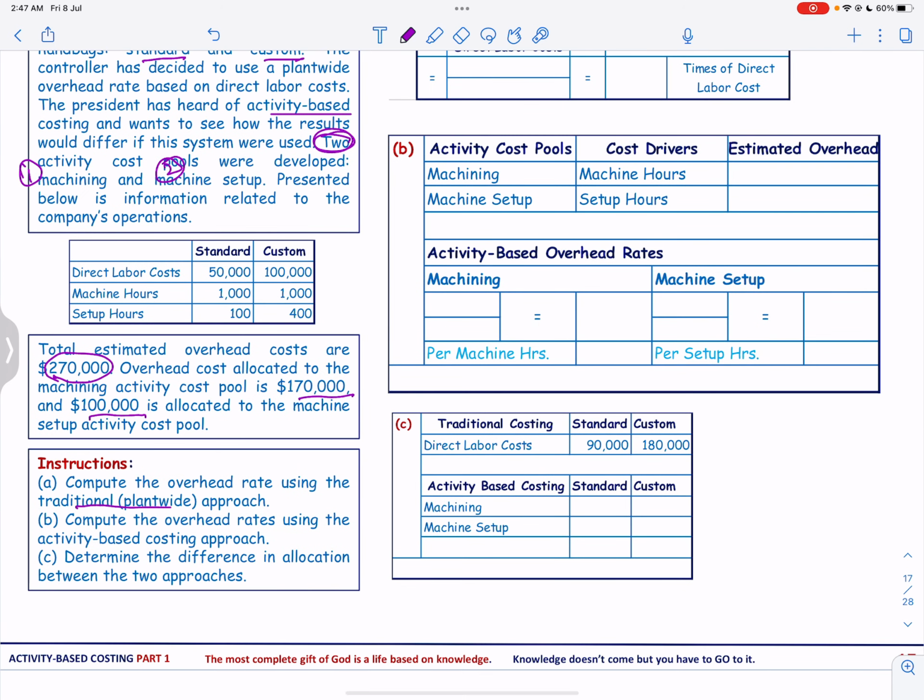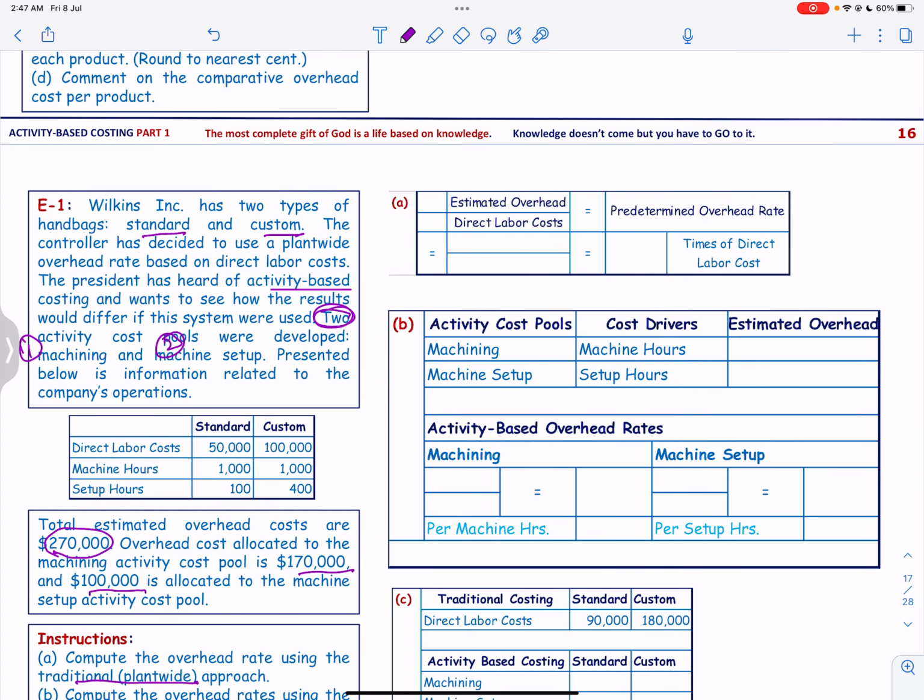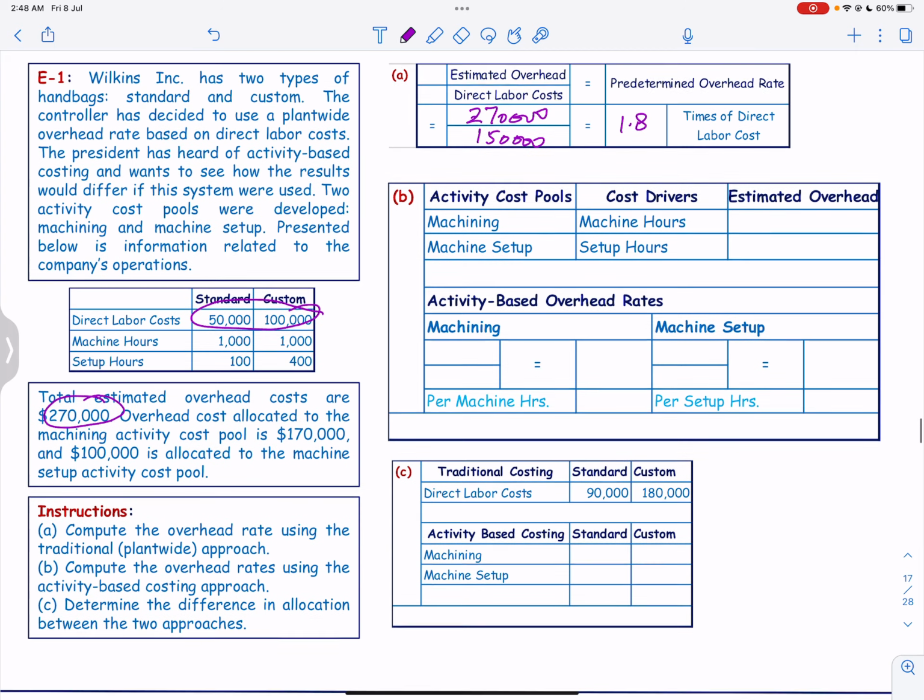So when we have the traditional approach, we take the estimated overhead, which was 270,000, and direct labor is 50 plus 150, that is 150,000. So this is equal to 1.8. So predetermined overhead rate is 1.8 times direct labor cost.